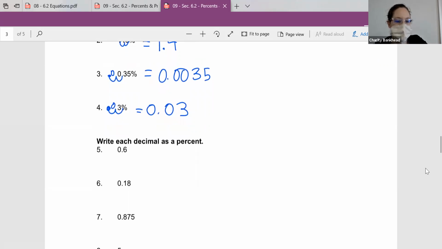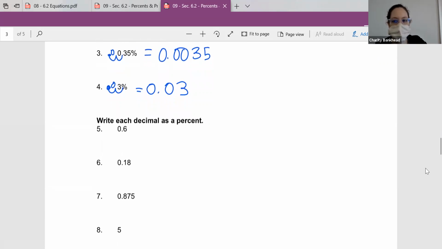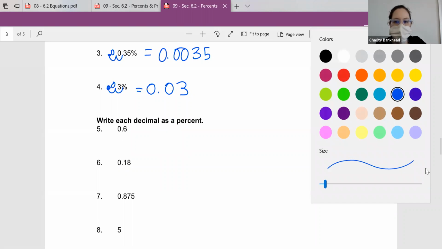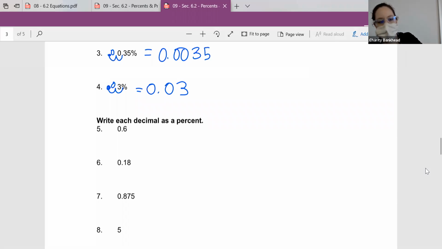All right, and then change the decimal to a percent. So 0.6, move the decimal point 2 times to the right.